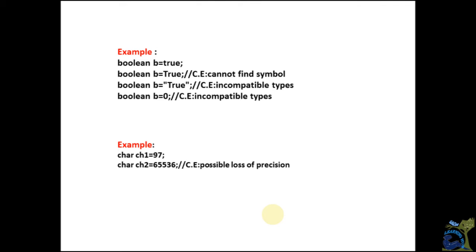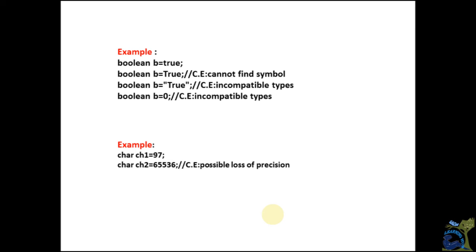Next data type is char. In Java, we are allowed to use any worldwide alphabet characters, and Java is Unicode based to represent all these characters. One byte is not enough, so compulsorily we should go for 2 bytes. The size of the character data type is 2 bytes. The range is 0 to 65535.